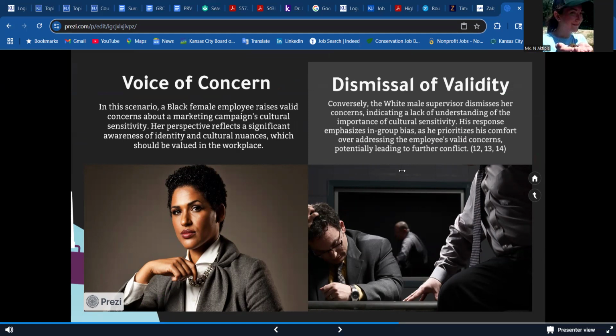On the other hand, after she voices this concern, her white male supervisor immediately downplays the comment and says, let's not make this political. So there's a few different things going on here. I know this seems relatively simple, but there could be a lot of things going on, right?